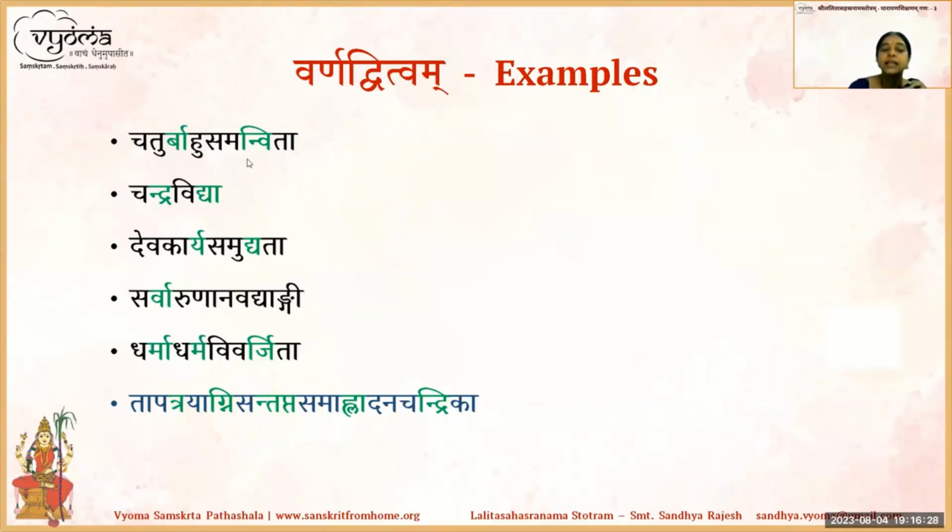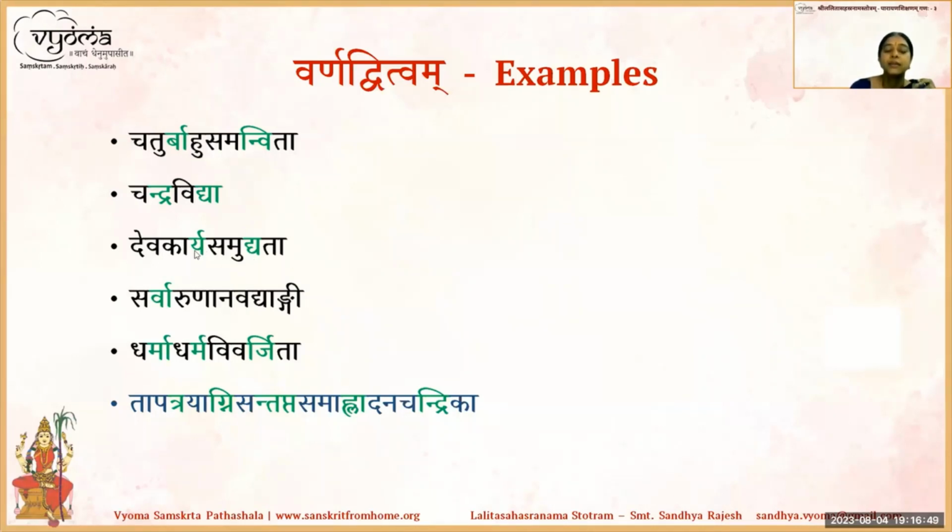Chaturbahu samanvita. So ba is getting doubled. In samanvita, again, there is a doubling happening. Chandra vidya. So we have n and dra. Chandra vidya. So we have dra getting doubled. Deva karya samudyata.